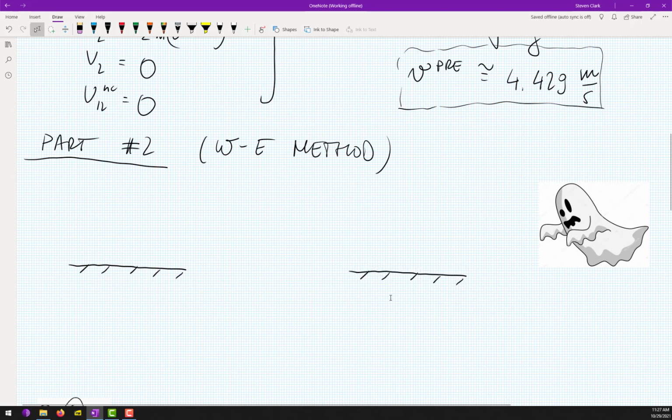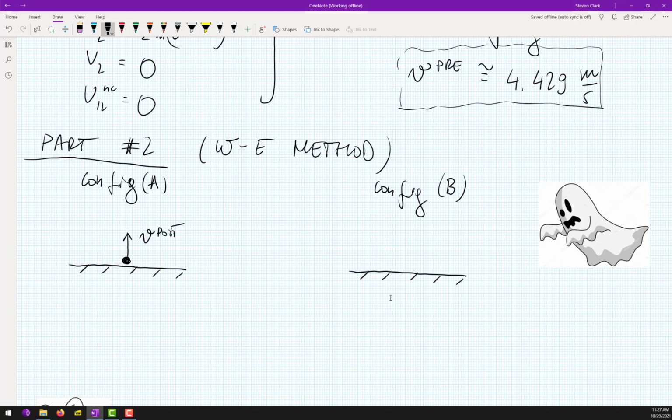And this will be configuration A, config A, config B. And this time our particle just rebounded off of the ground. Okay, so we'll have V post, and eventually our particle will stop at some elevation.